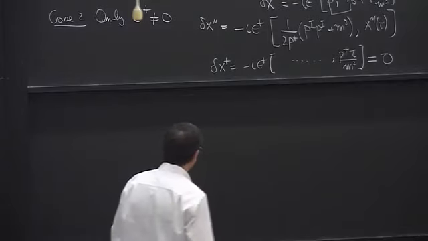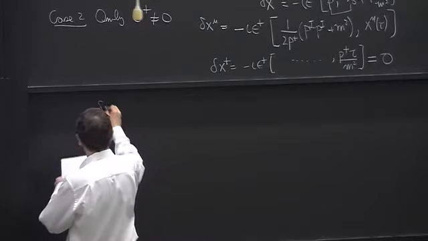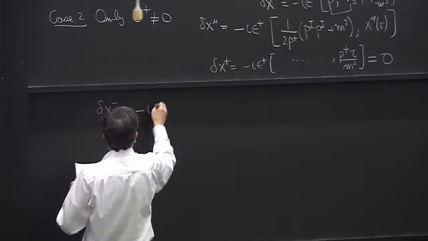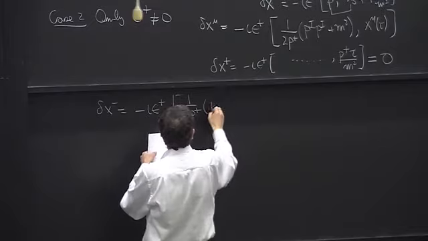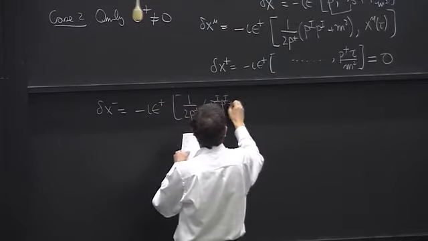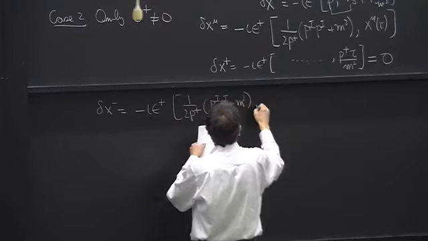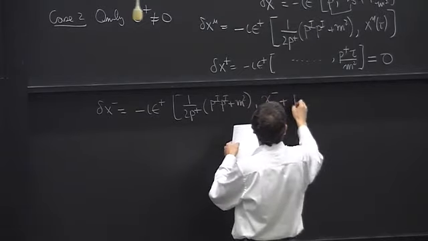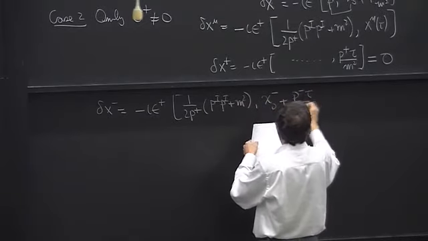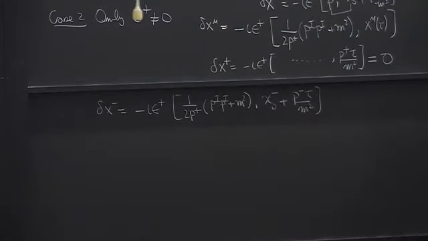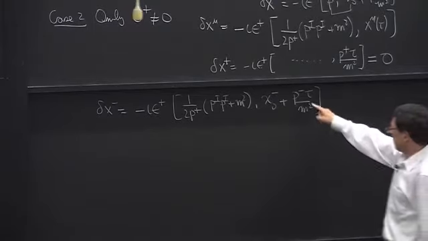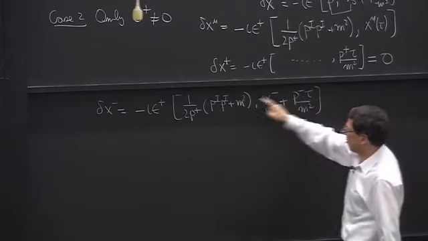Okay. Let's do delta x minus. It's minus i epsilon plus 1 over 2 p plus times pi plus m squared, with x0 minus plus p minus tau over m squared. So we've put x minus there, and this one should be 0. We shouldn't translate it. Let's see. P minus certainly commutes with this thing.